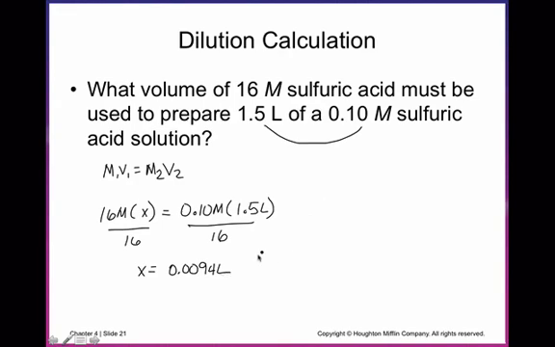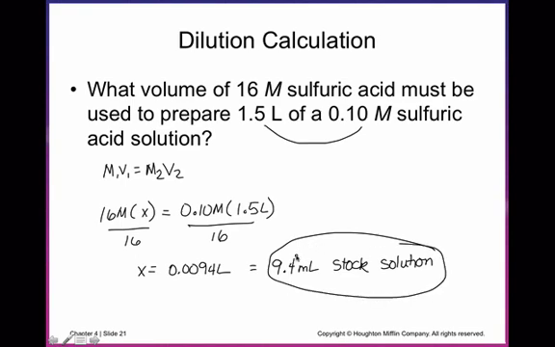Graduated cylinders do milliliters, so I would do a quick conversion to 9.4 milliliters of stock solution. So I would measure out 9.4 milliliters of the 16 molar sulfuric acid. I'd put it into a 1.5 liter volumetric flask, fill it halfway up, kind of swirl it around, and then I'd fill it the remaining way up to the mark, and that's how you would create your solution.